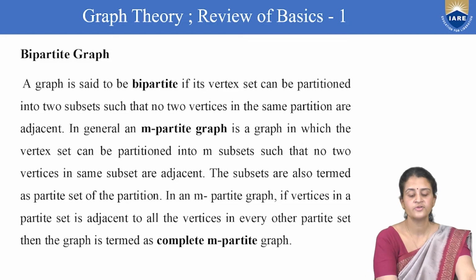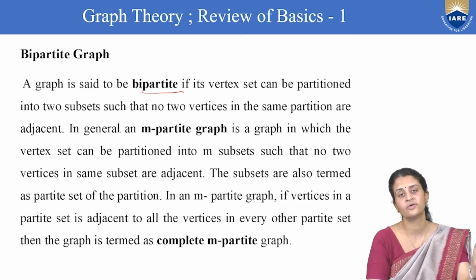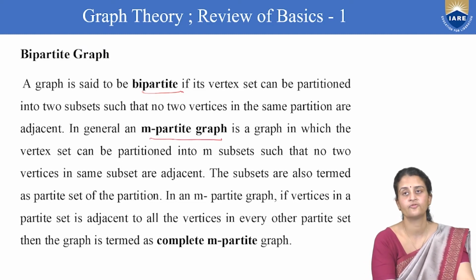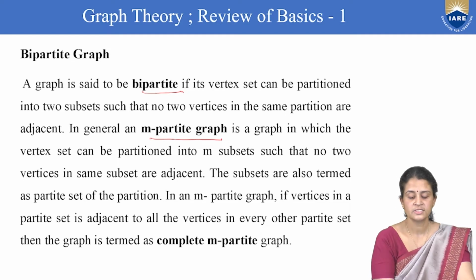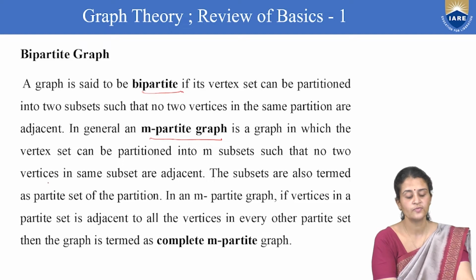A graph is said to be bipartite if its vertex set can be partitioned into two subsets such that no two vertices in the same partition are adjacent. In general, if m partitions can be made out of the graph vertices, then the graph is said to be an m-partite graph. The subsets are also termed partite sets of a partition.